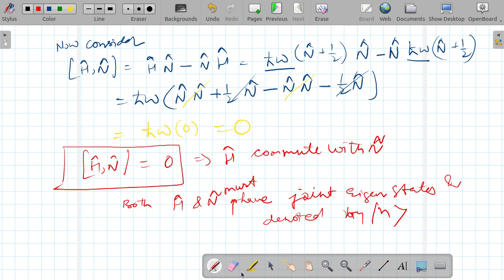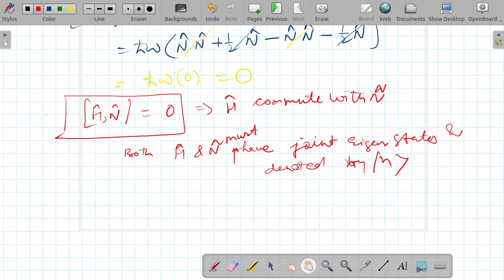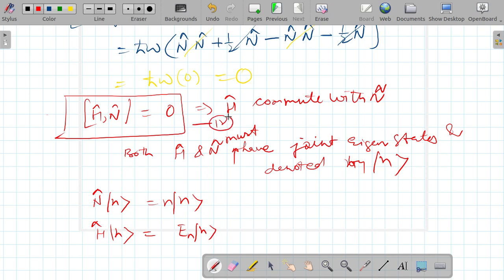So mathematically, how this can be represented? If they have joint eigenstates, so that means when n is operated with ket n, it gives you n ket n, and similarly h operated with ket n, it gives you E n ket n, right? So let me call it as equation number, this is 12, this is equation number 13.